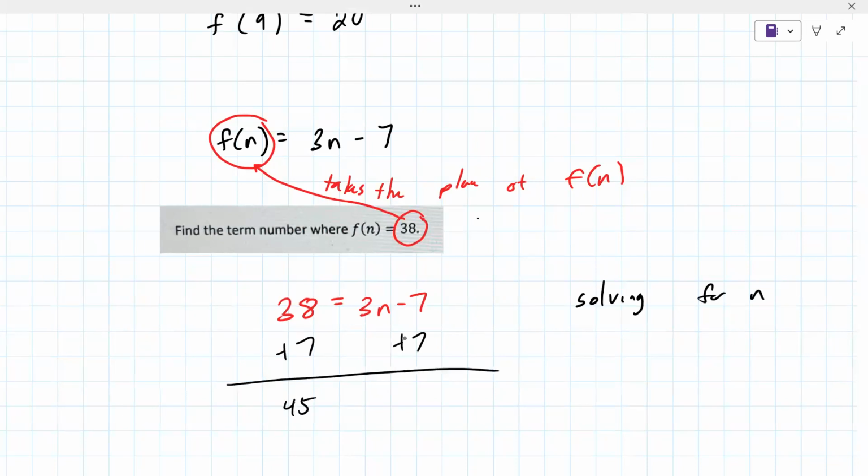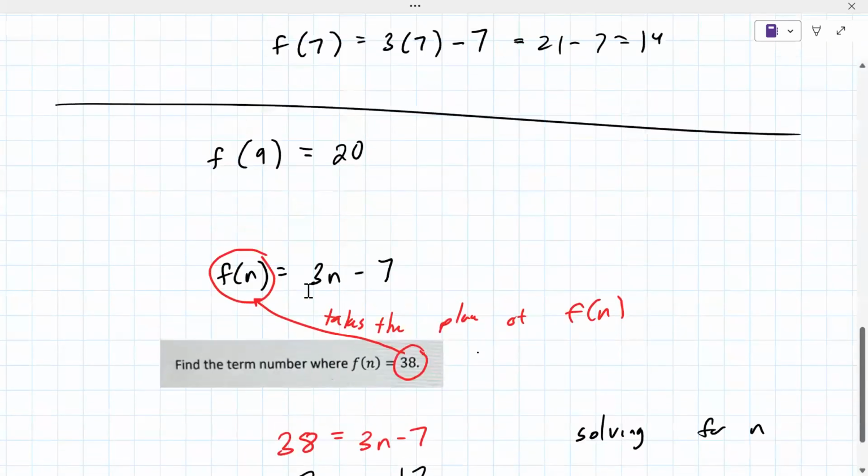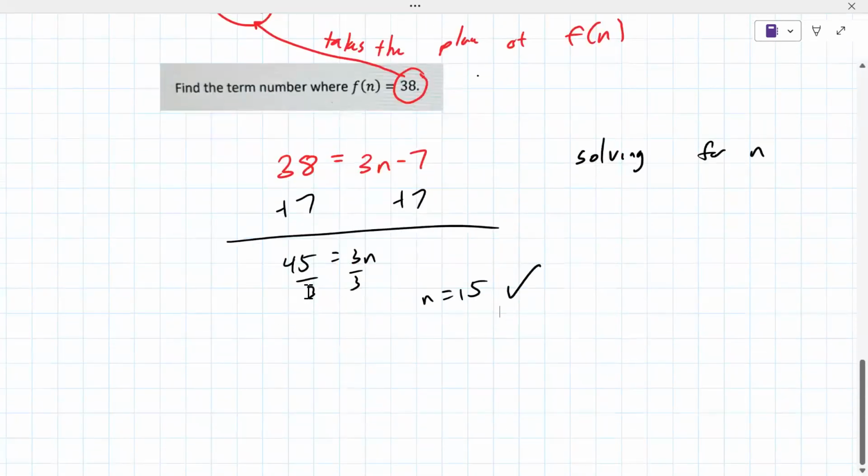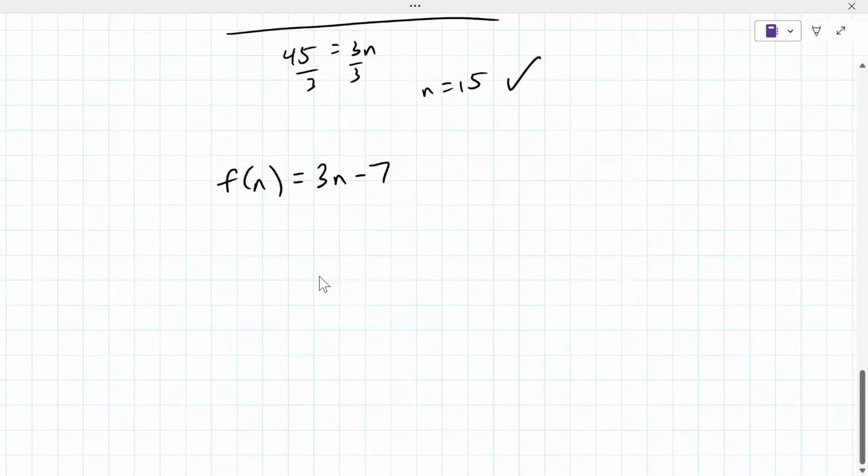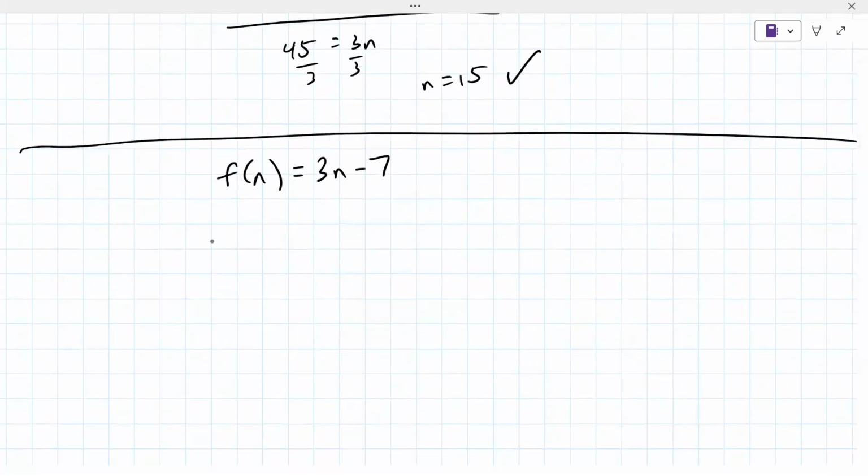You got 45 equals 3n, divide by 3, so n equals 15. Very good. Now, just to see if that is clear, let me rewrite the function again. Let's say f of n equals 3n minus 7. And now I tell you that f of n equals 62. So just new numbers. Could you solve for n, please?